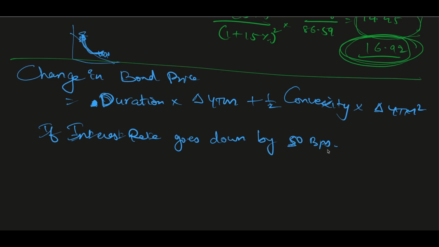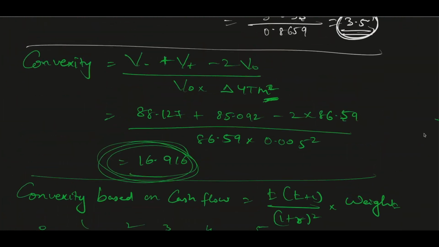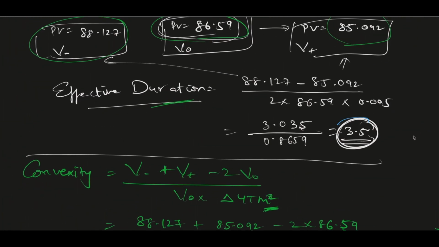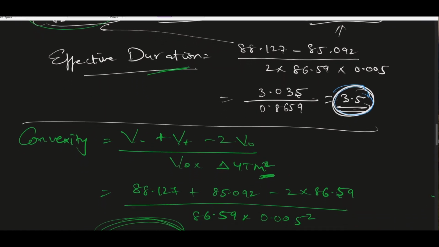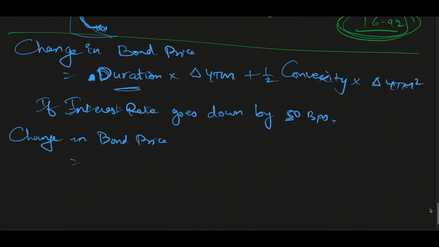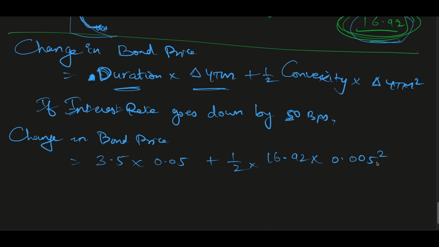The change in bond price is going to be: duration, which we have calculated as 3.5, into delta YTM, 0.005, plus half of convexity, 16.92, into 0.005 square.